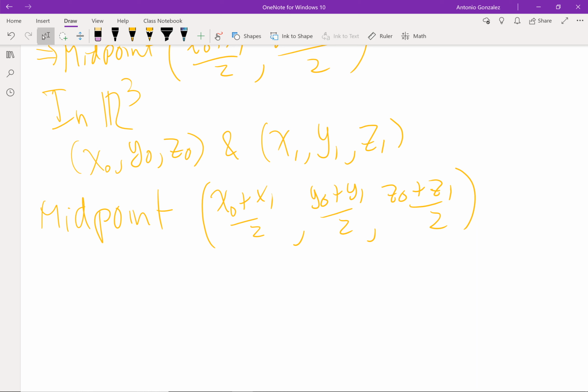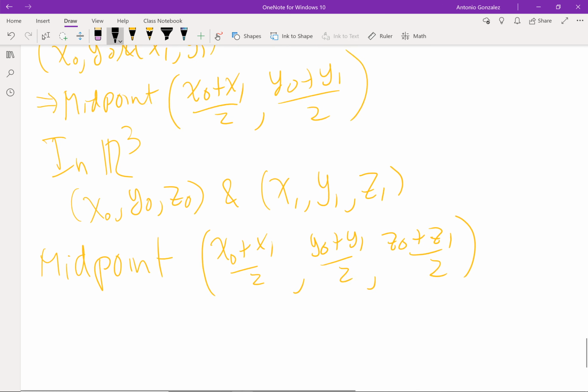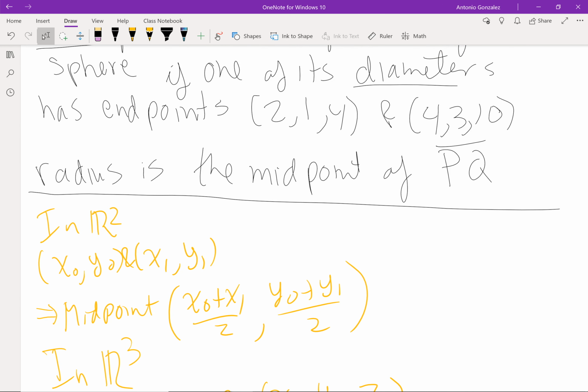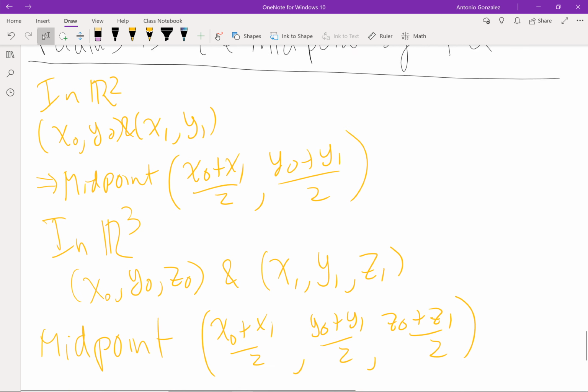Okay. All right, so now let's go back here. Let's find the midpoint, and what the midpoint is going to be is the center of our sphere. Sorry, I got both of those mixed up there.